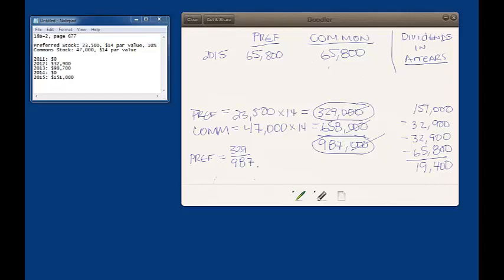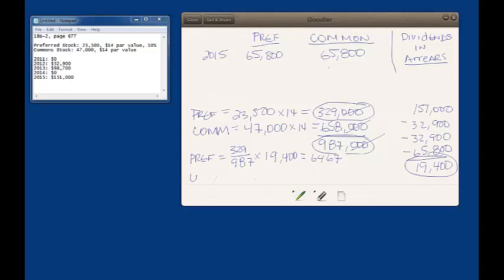That's just some math. Okay, I'm going to multiply that ratio by the amount that I have left to distribute, 19,400. So if you plug that into the calculator, you get 6,466.67, which you could just round. Let's just round it. If you do these calculations in MyLab, it'll probably have you round it anyways.